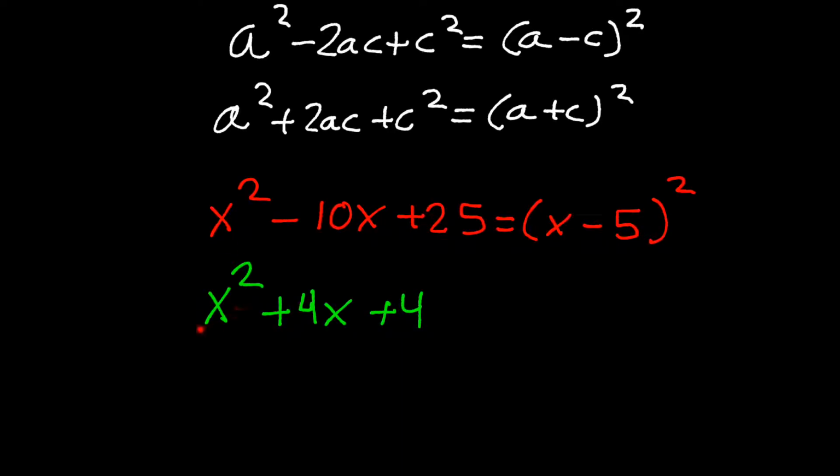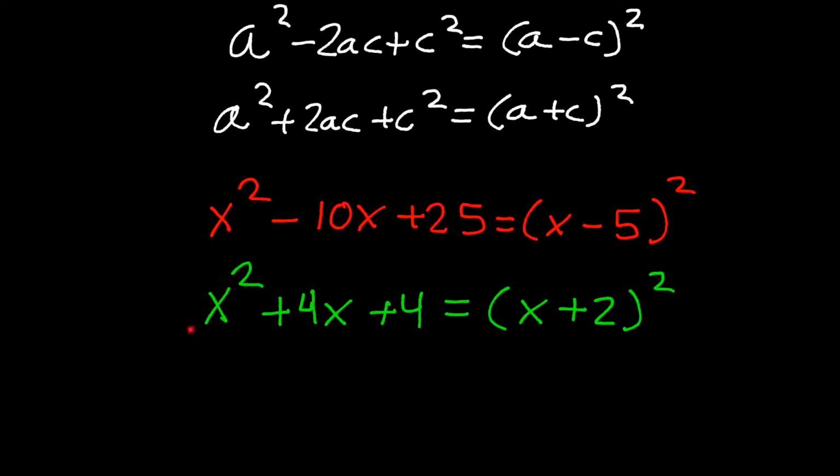Well, I start with a perfect square, I end with a perfect square, so I will start by saying it is x plus 2 squared, and then to check, is 2 times 1x doubled 4x, and it is. 2 times x is 2x, double that, we get 4x.